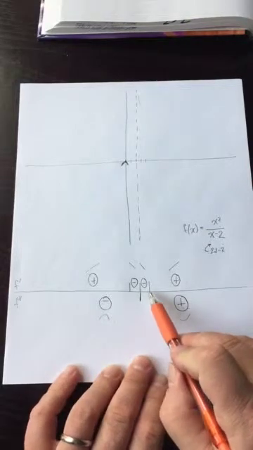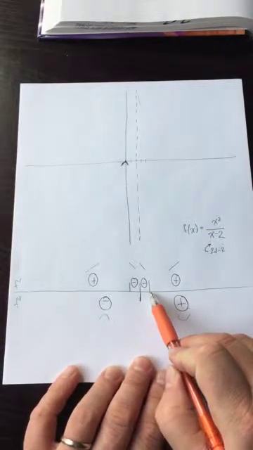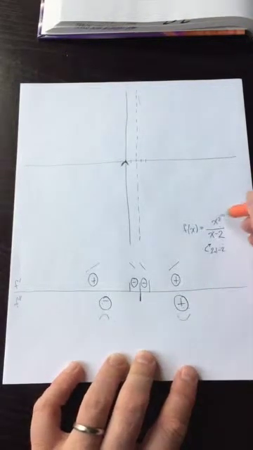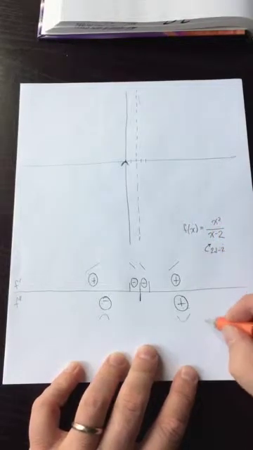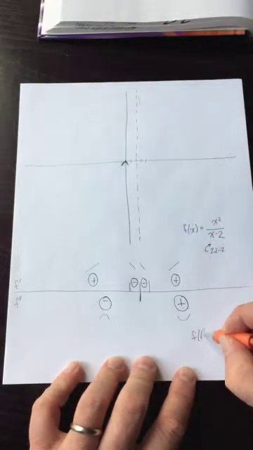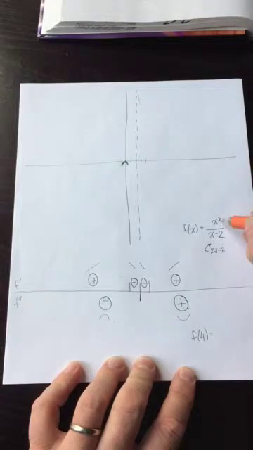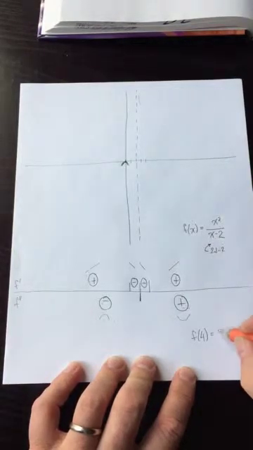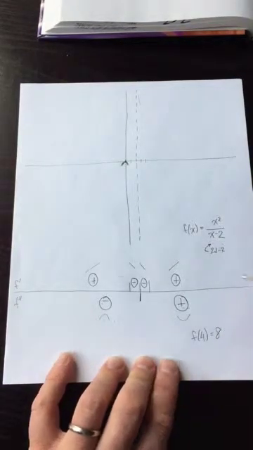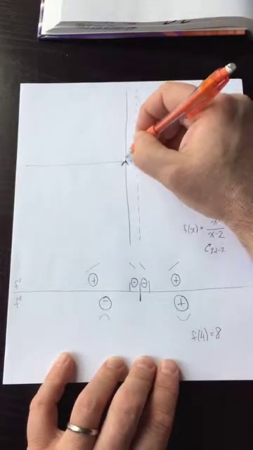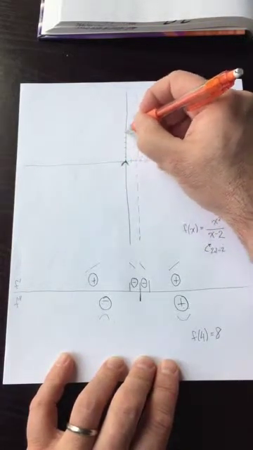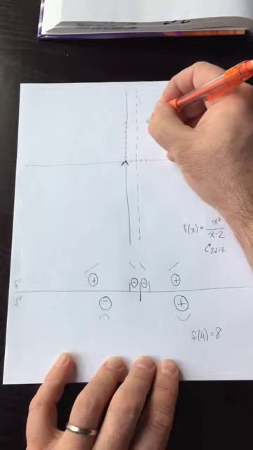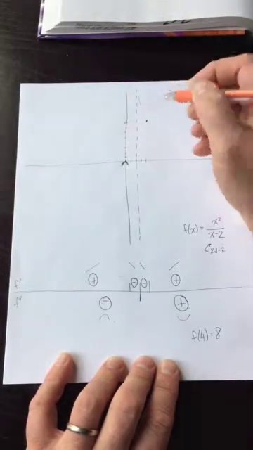And then finally, let me look at this point where x is 4. So I can compute, let me do it down here, f at 4 is 16 divided by 2, so that's 8. So at 4, I have a point 1, 2, 3, 4, 5, 6, 7, 8. I have a point right here.